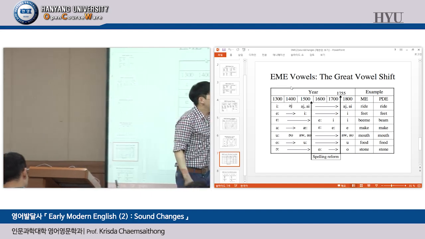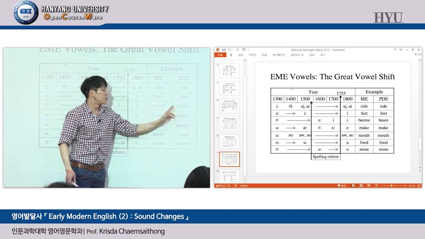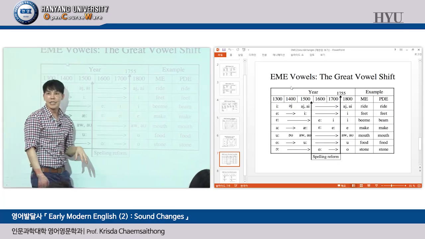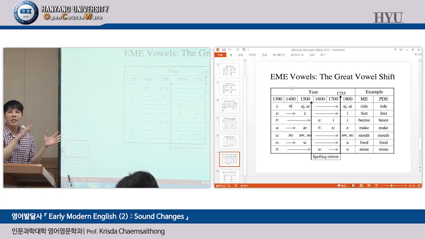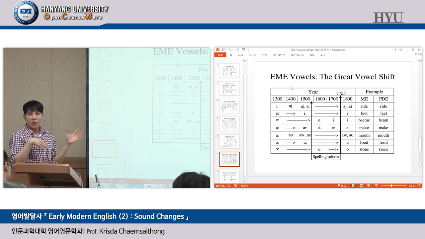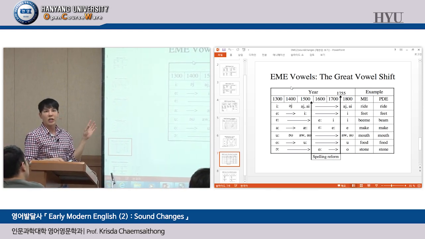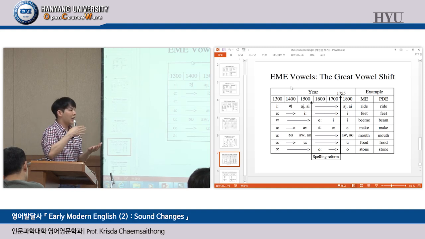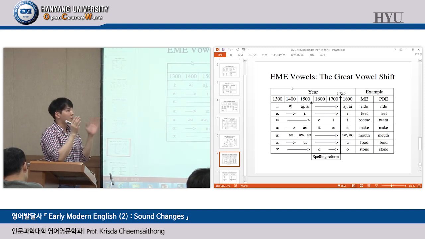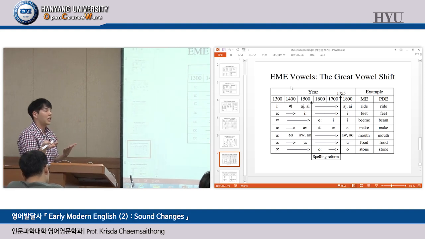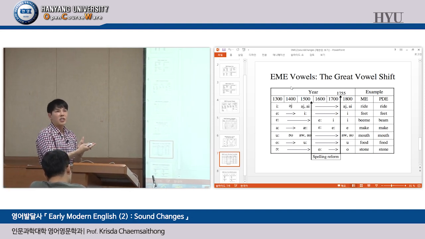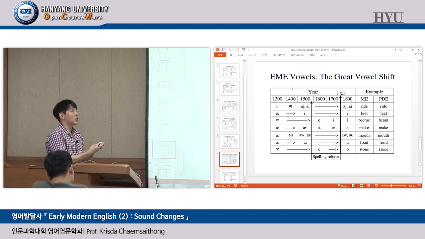So RIDE is the same. The spelling is more or less the same between Middle English and present-day English and early modern English. But what's different is the pronunciation. The pronunciation kept changing, whereas the spelling has been fixed due to many reasons that we talked about already: the printing press, the standardization of spelling, dictionaries, and so on.